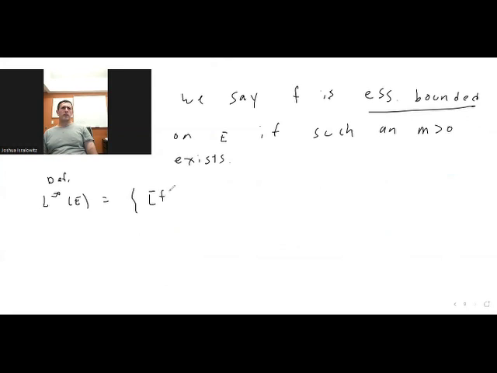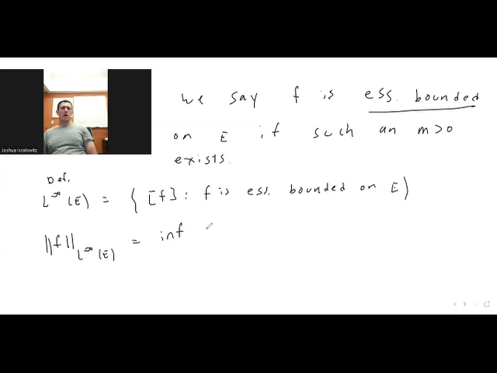So technically, the set of all equivalence classes generated by f such that f is essentially bounded on E. Okay, so the norm, and we'll prove it's a norm.